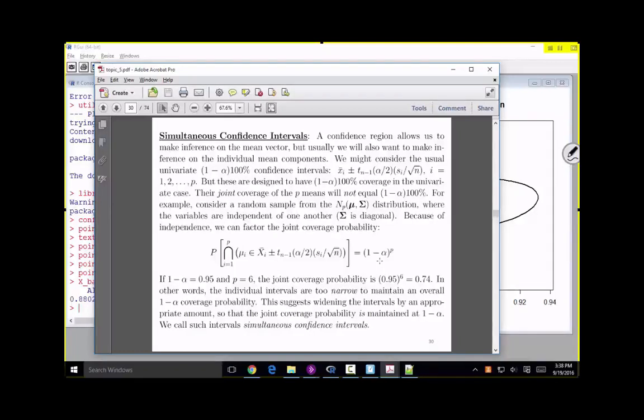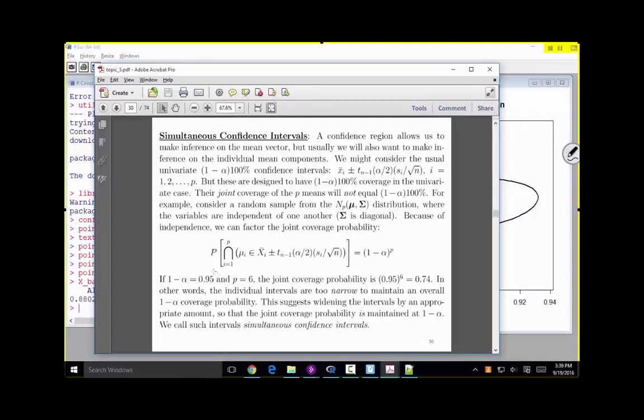In particular, it is not true that the probability all of these intervals contain their respective values equals 0.95. That probability is actually lower now. The probability that any one 95% confidence interval will contain the truth is 0.95. So if I do p of them, the probability that they all contain their respective mean is 1 minus alpha, or say 0.95, to the p.